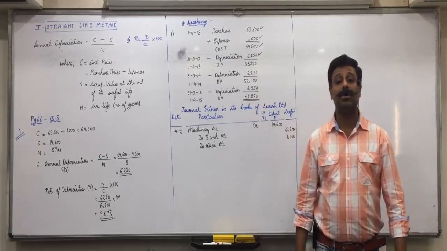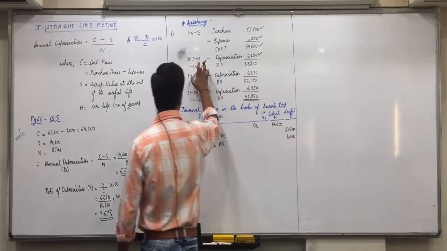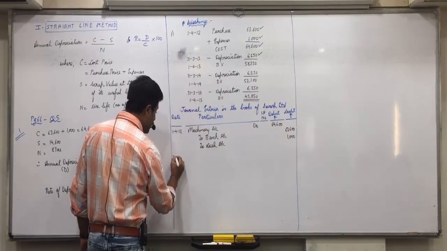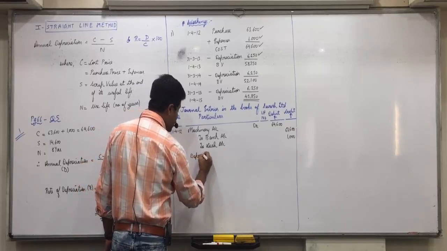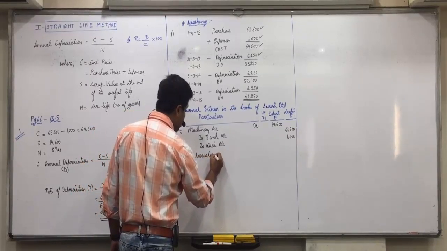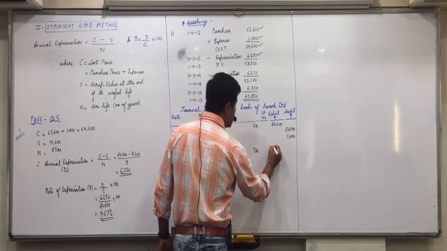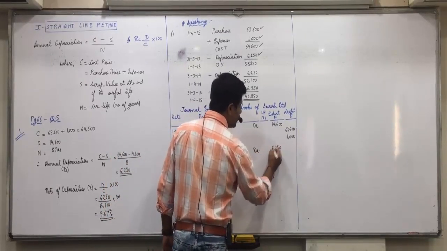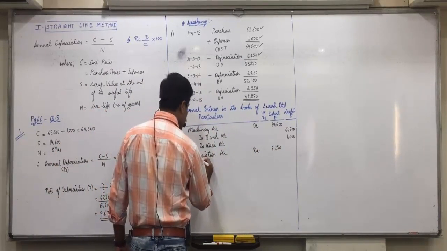And remember, depreciation will have two entries. First, on 31/3/13, we will provide depreciation. Depreciation is an expense, debit all expenses and losses. Depreciation account debit 6250, and the value of the machine goes down. It's a debit balance.